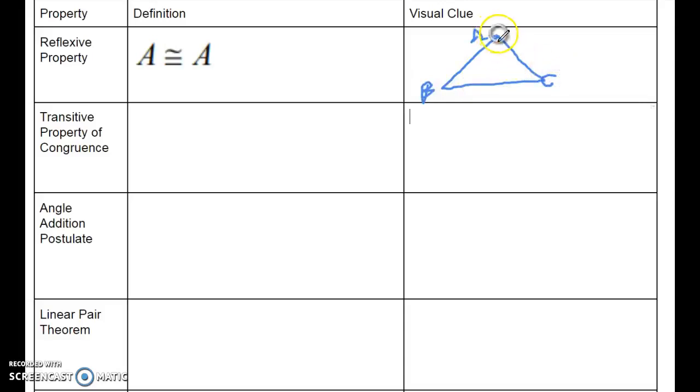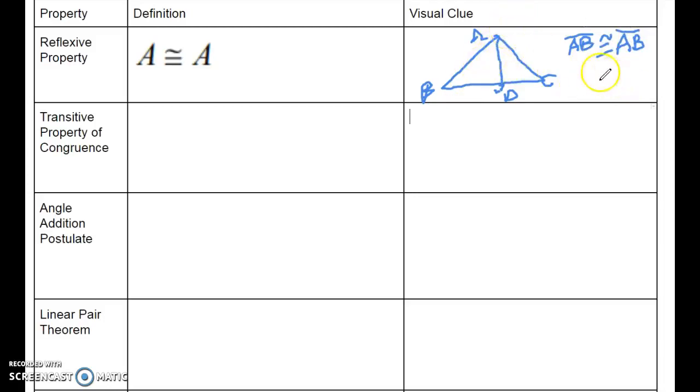And then you've got this other line right here. Maybe they call that point D. This is simply saying that, say for instance, AB is congruent to AB, because it's the same thing.